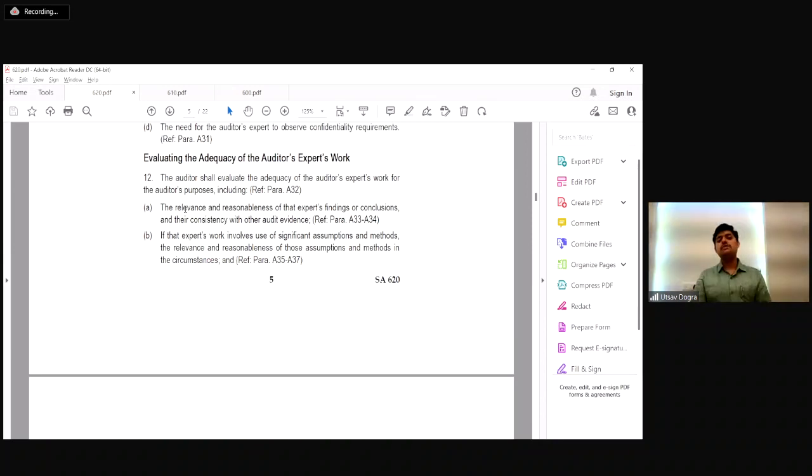Evaluating the adequacy of the expert's work. Again, we need to evaluate how the work has been done. We have been stressing since the beginning of this chapter that they may be experts in their job, but the ultimate responsibility is that of the auditor himself to either place reliance upon the work of the auditor's expert or not. And the auditor must ensure that all the factors have been taken care of.